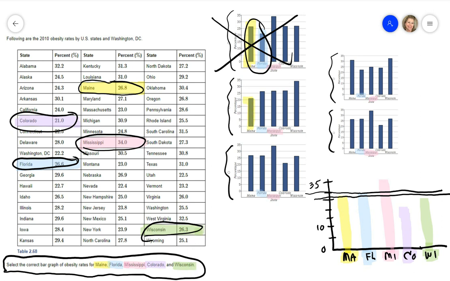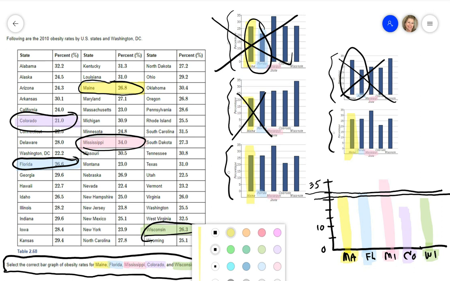It should be about 26, so that one looks too low. I can tell this one's out because they've got yellow really above the blue. When you look at these next two, yellow and blue are really close, so I'm having a hard time checking those out.